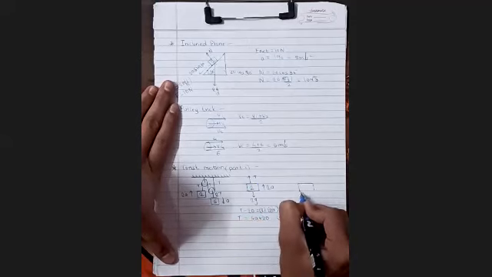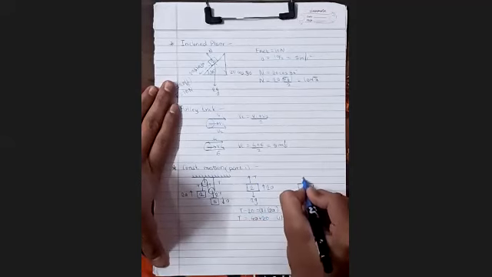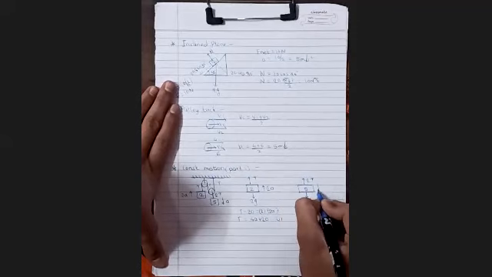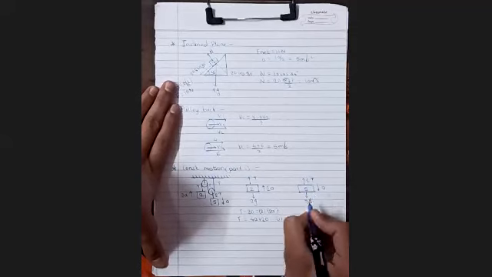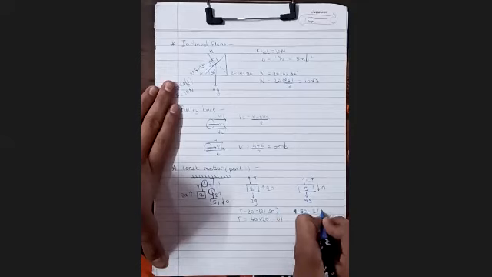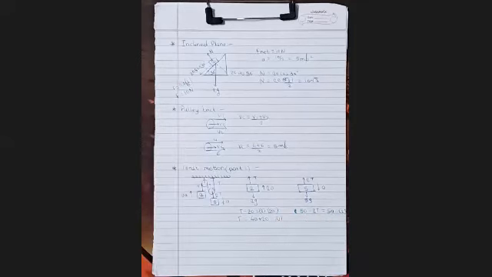If you draw the free body diagram of the 5 kg block, here in the upward direction 2T force, downward 5g, and it is accelerating in the downward direction. So from here we get the equation 50 minus 2T is equal to 5a. This is equation number 2.